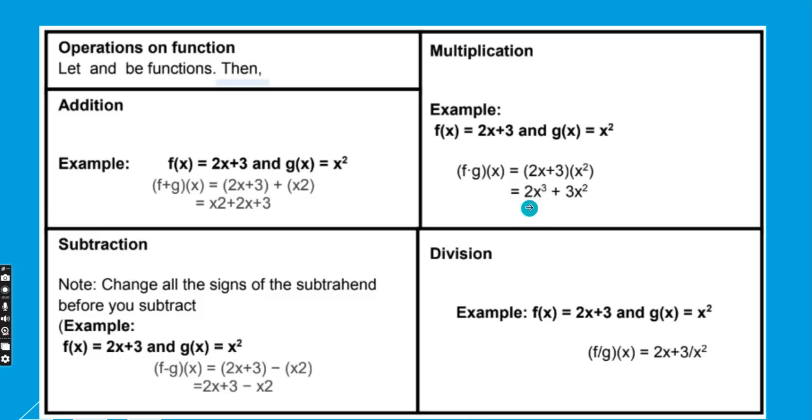So, we read it as 2x cubed or 2x raised to the power of 3. The second term, multiply 3 to x squared. In that case, we put 3 and then we just put the x squared. So, the answer is 2x cubed plus 3x squared.